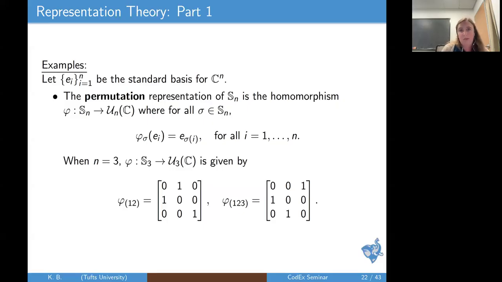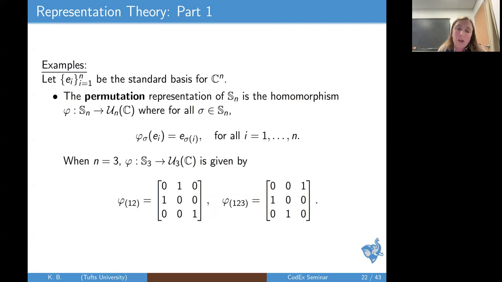So the dimension of the permutation representation is the number of elements in our permutation. Okay, and what do we do? Well, for every single sigma, a permutation in S_n, phi of sigma at our basis element just permutes our basis element corresponding to our permutation sigma.